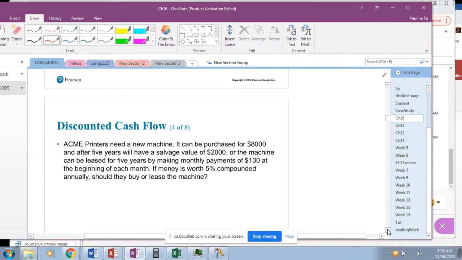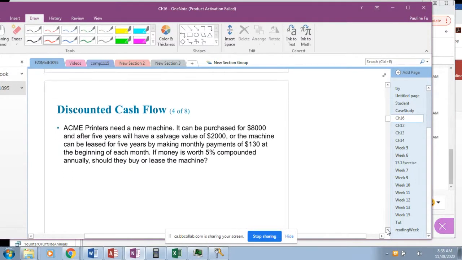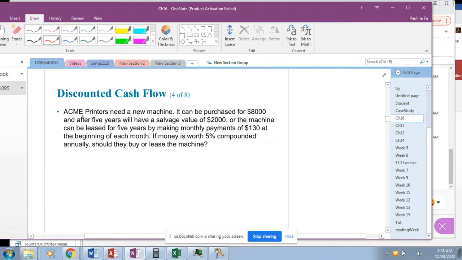So now let's look at this example here. ACME printers need a new machine. It can be purchased for $8,000, and after 5 years, it will have a salvage value of $2,000. So this is one alternative.